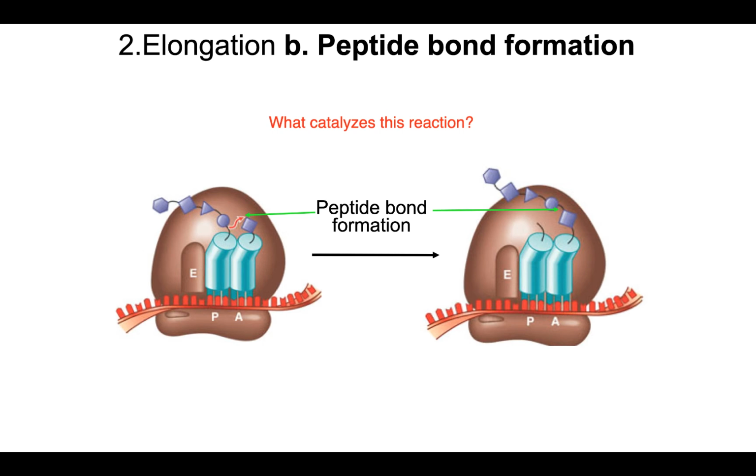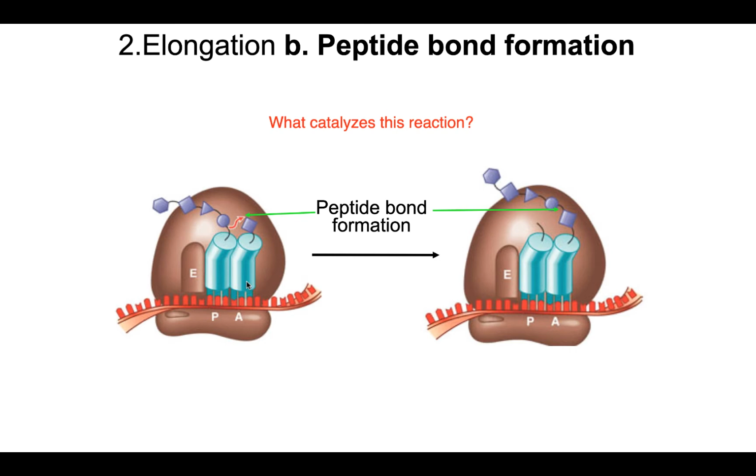This is called peptide bond formation, where our catalysis occurs. The formation of the peptide bond that connects this amino acid of the growing chain to the incoming amino acid carried by this tRNA here in the A site. Now, this is a biochemical reaction that requires an enzyme to be sped up.